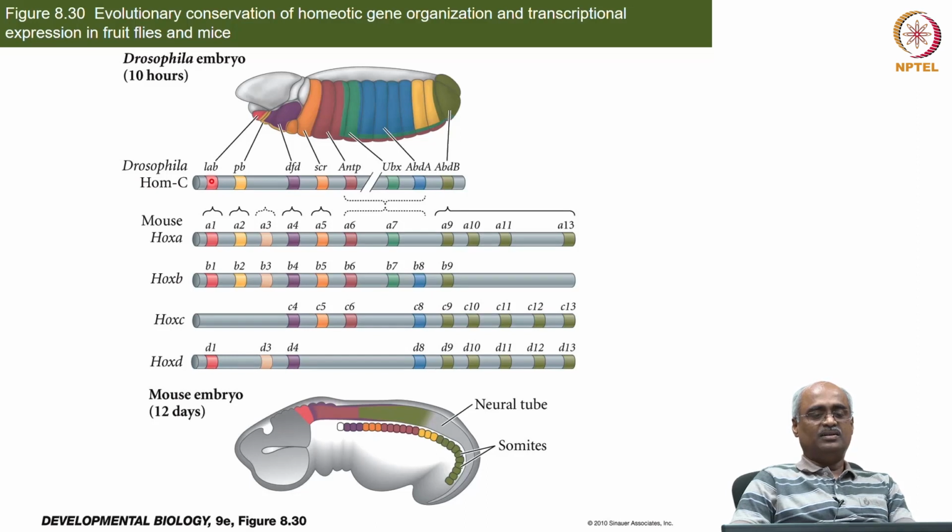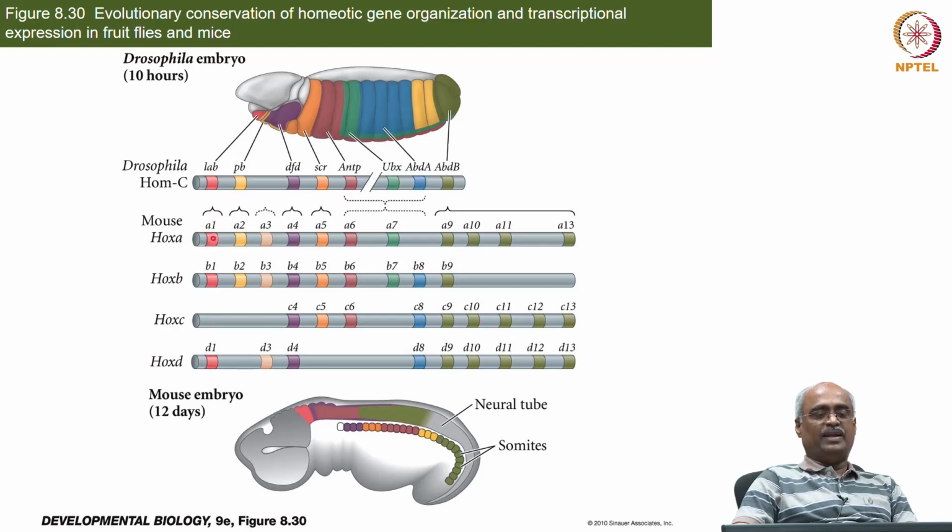Okay, so the 5 prime end is anterior most and the 3 prime one is posterior most in the anterior posterior axis. Okay, and this is exactly the same order you see in the vertebrate chromosomes, except that there are 4 copies on 4 different chromosomes. For example, in mouse you have the Hox A set on one chromosome, Hox B set on another one, Hox C on a third, and Hox D on the fourth one.